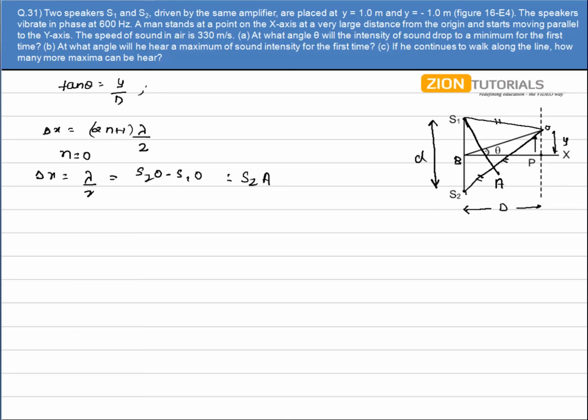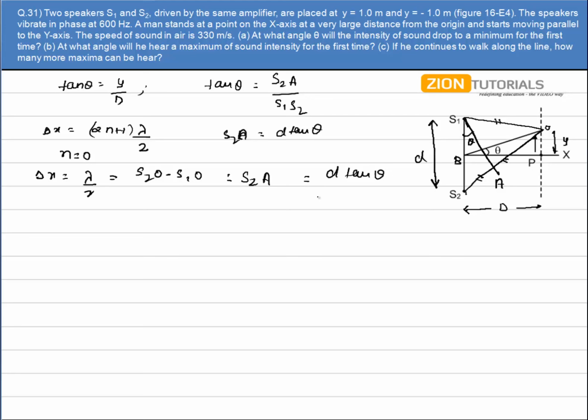Now if this angle is theta, this angle will also be theta. So I can write tan of theta as S2A by the S1S2 distance, that is d. So S2A, that is the path difference, is given by d tan theta.